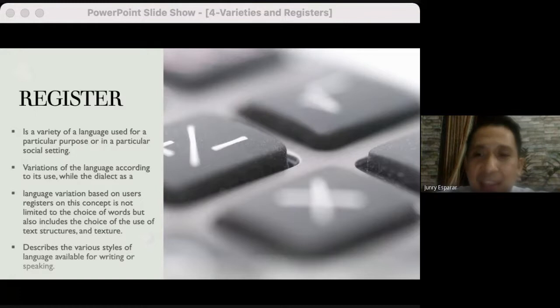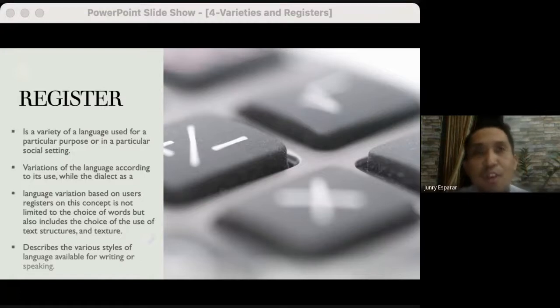Have you done that? If you want to ask some favor from someone, the register that you are using is always very nice. You're trying to be nice to the person, saying it very nicely because you want to ask a favor from that person. Or if you don't like the person, probably the register would change.